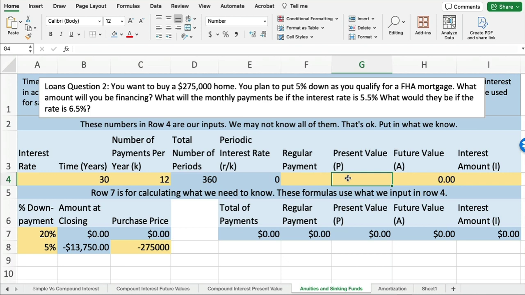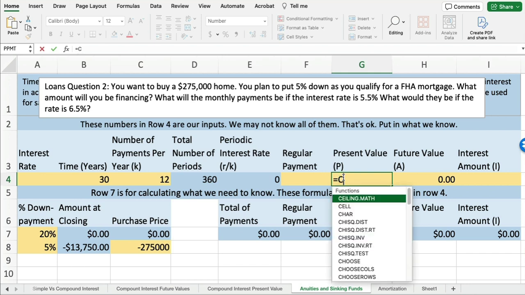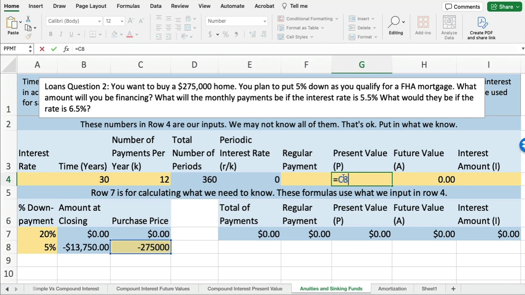To figure out what the actual mortgage amount is, instead of just typing that in up here in G4, I'm going to perform a quick calculation. It's equals, and we take the purchase price, which is C8, and subtract from that the amount at closing, which is our B8 number. So again, that's equals C8 minus B8.